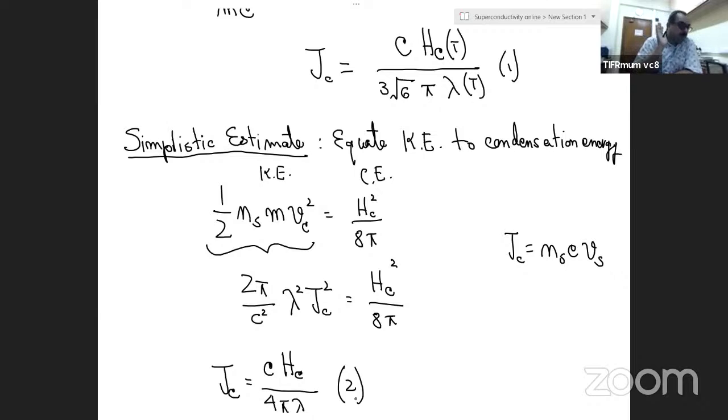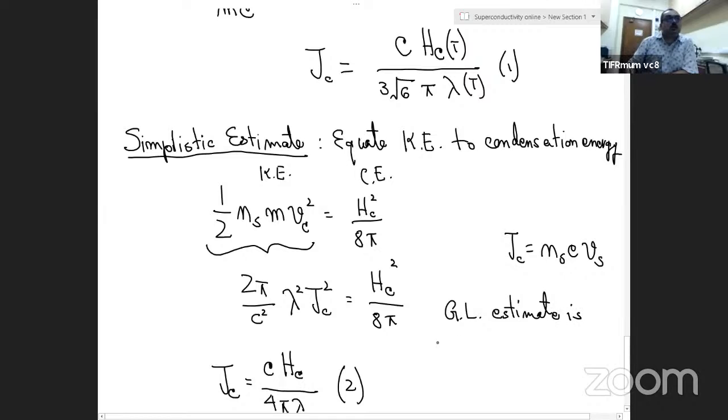Prefactor has a problem, and what is happening is that the GL estimate is smaller, and smaller by roughly a factor of 2.